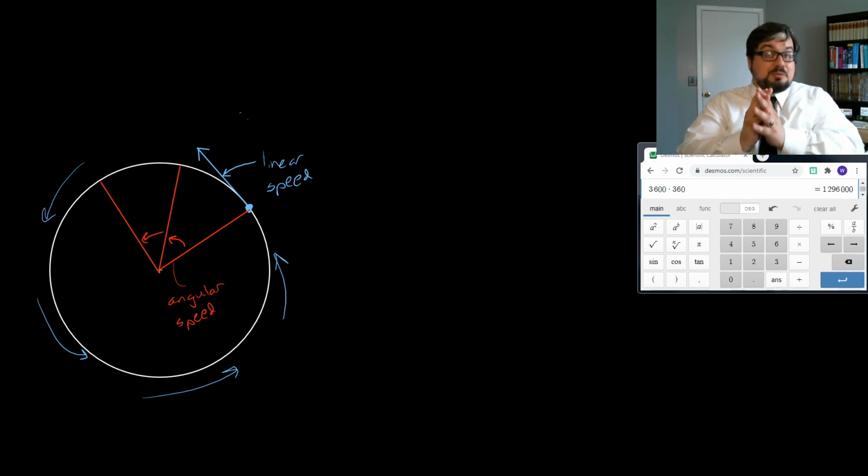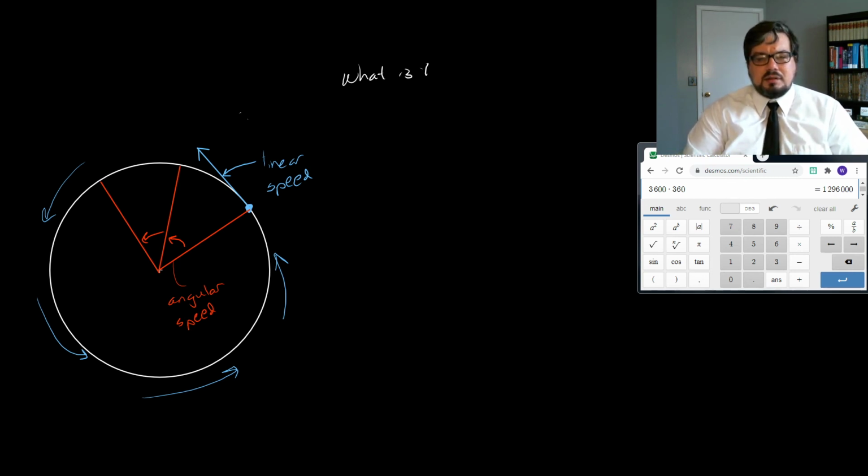Linear speed is what your speedometer would be measuring if you were on a car going around a circular track in this setup. So we want to relate angular speed and linear speed.